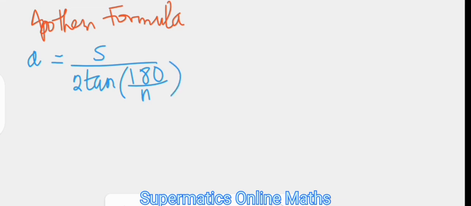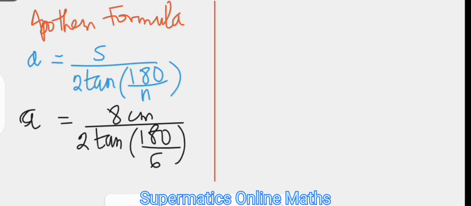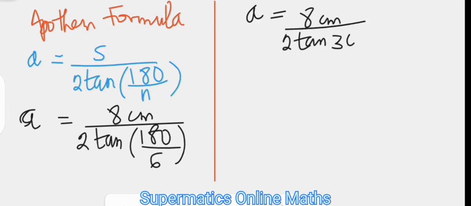In this case, the length of the apothem is S, which is 8 centimeters, divided by 2 tan 180 divided by 6, since we are working with a hexagon. This gives A to be equal to 8 centimeters over 2 tan 30.